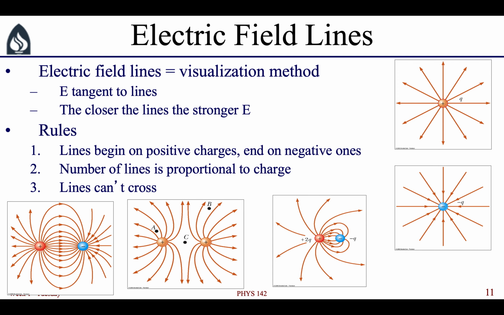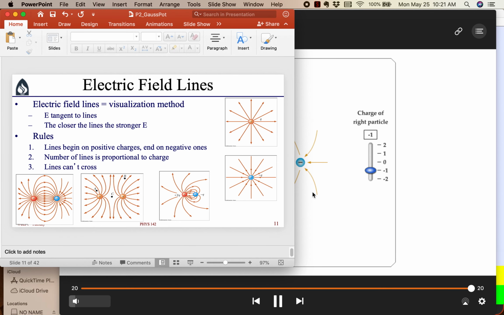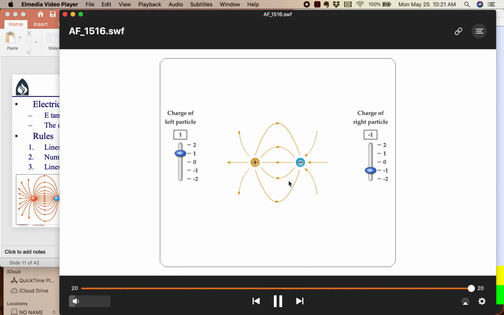So I have a couple of applets that show you how to draw the electric field and work with the electric field lines. Here we have a picture that shows the electric field lines for two charges. You can tell that the left particle has a positive charge of 1 unit and the right particle has a negative charge of -1 unit.